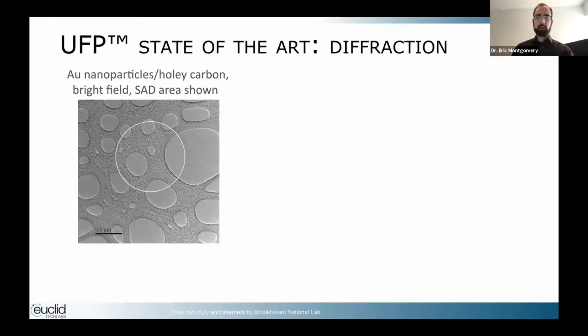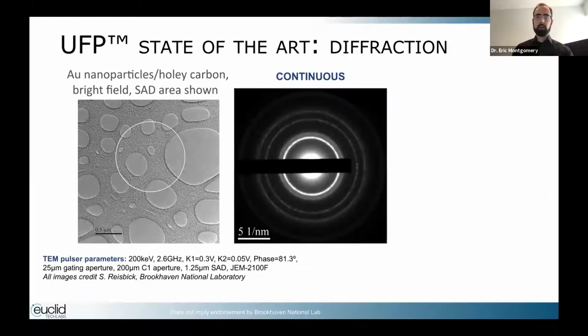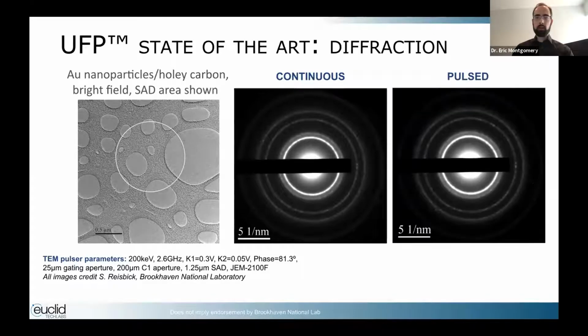In diffraction, we can here see for a selected area diffraction image inside the white circle that we get this continuous diffraction image, and then the pulsed image is very, very similar. You can see the outermost ring is maybe slightly less well-defined, but very similar performance.